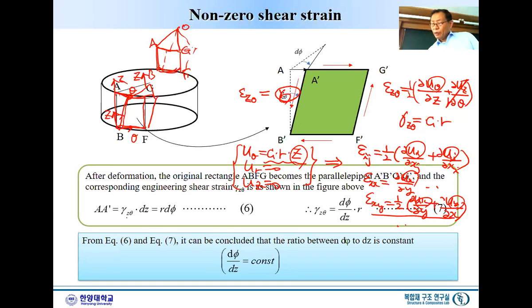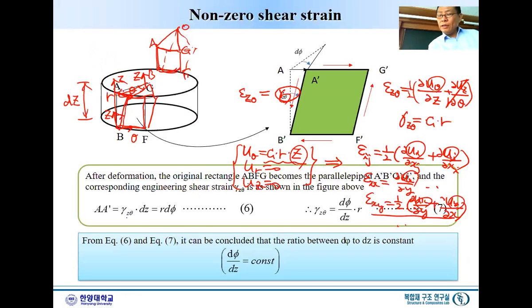And this C, we need to observe one very important point: please consider this coordinate is the R. R times, this is the rotation phi. I would consider this one is the dz. dz means a very small part of this shaft.